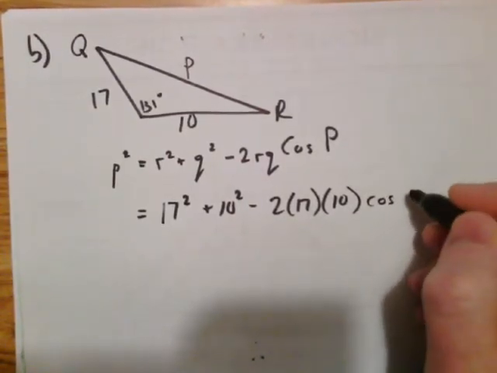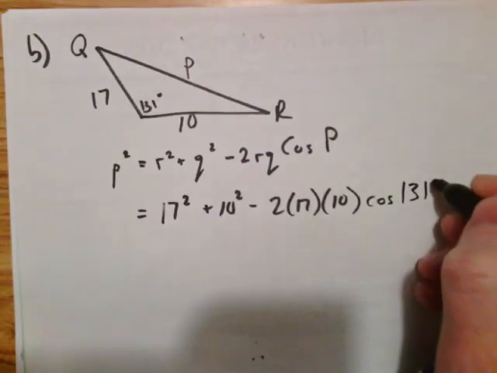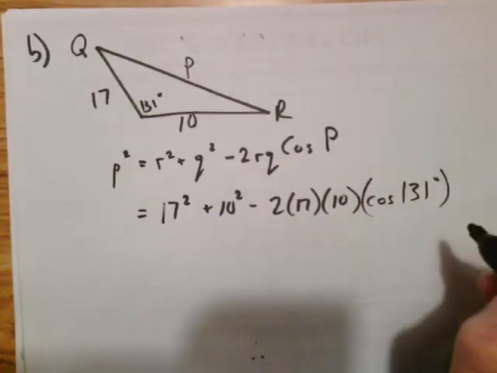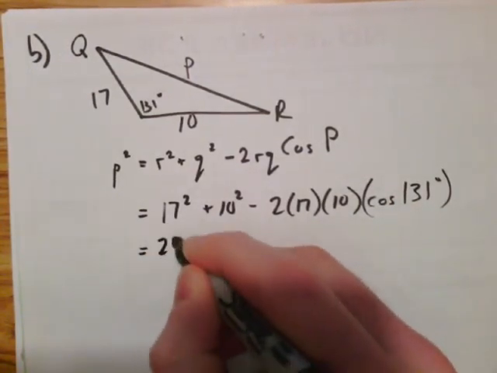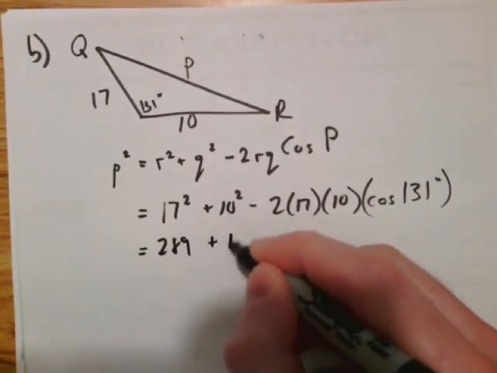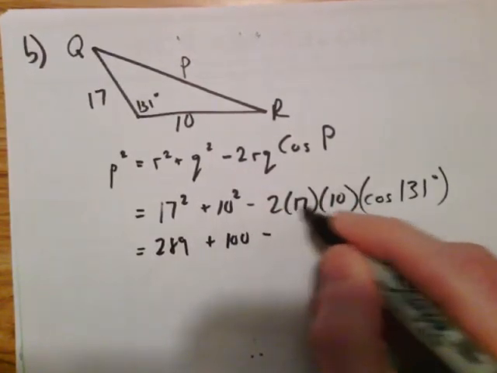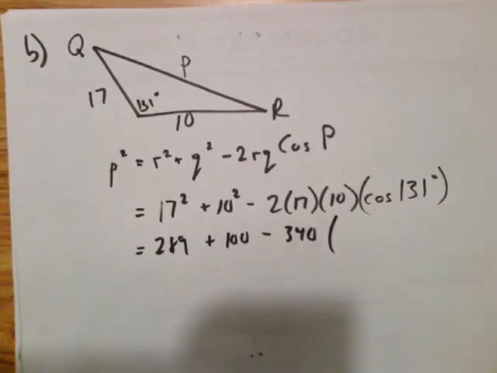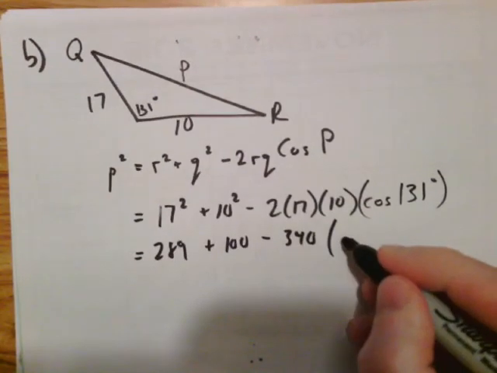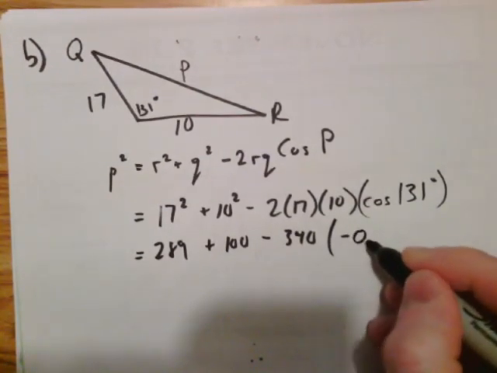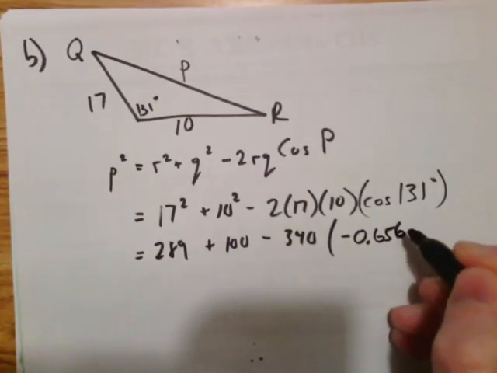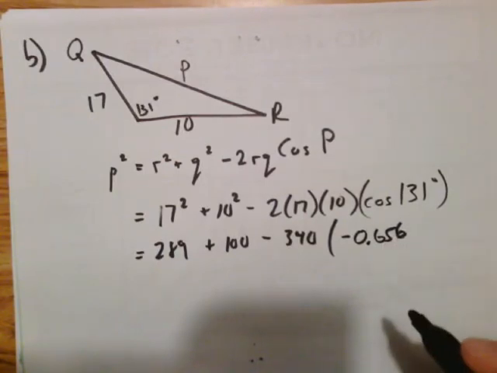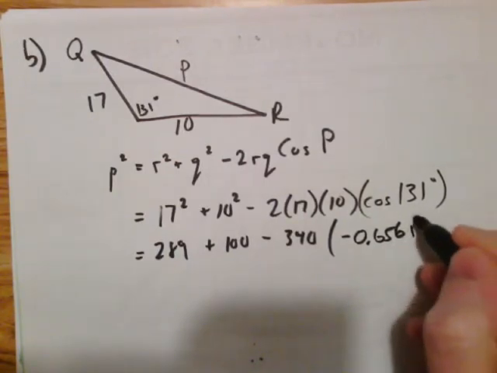Cos of 131. 17 squared is 289. 10 squared is 100. Minus 2 times 17 times 10 is 340. Similar to last time, except this time it's cos of 131, which is negative 0.6561.